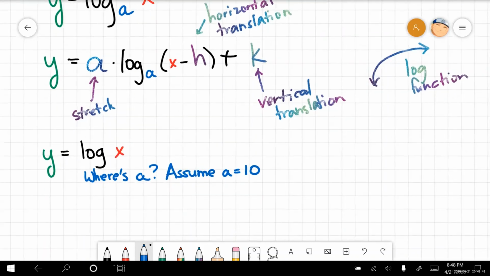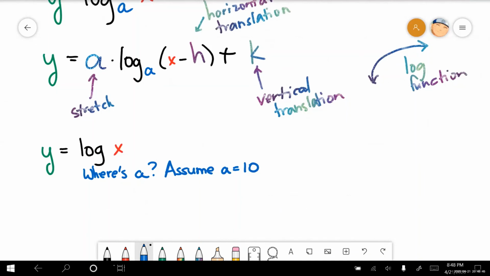Okay? In the same sense, you may also see this one. Y equals ln x. And so now you might be asking, where's A? And what on earth is ln?